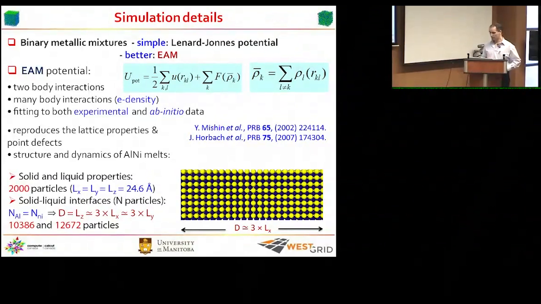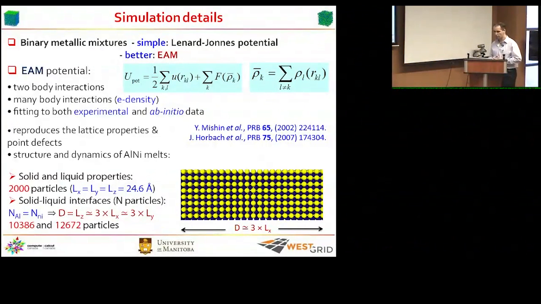This potential takes into account the electronic density, which is suitable for simulation in metals. It's a potential with two-body interactions, but it's considered many-body interaction because it takes into account electronic density. This particular potential reproduces the lattice parameters and point defects in this system.